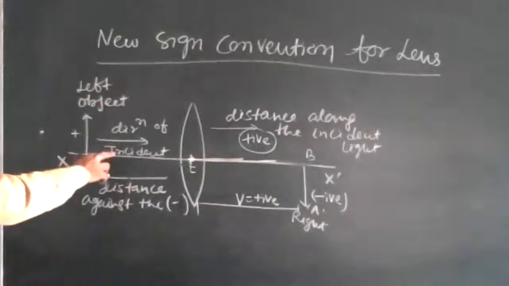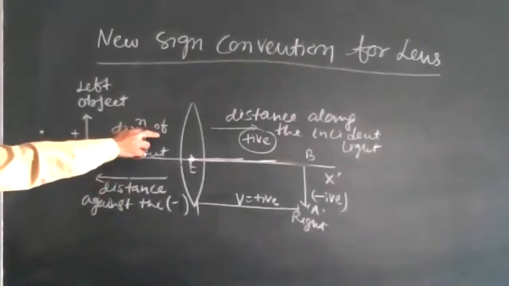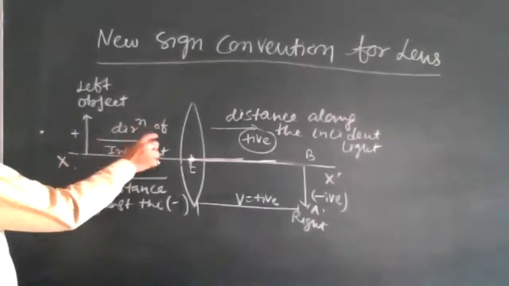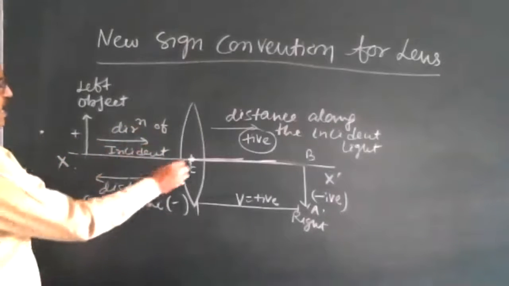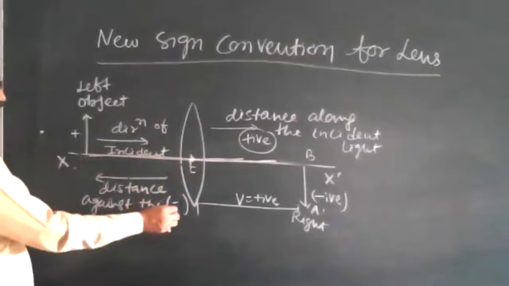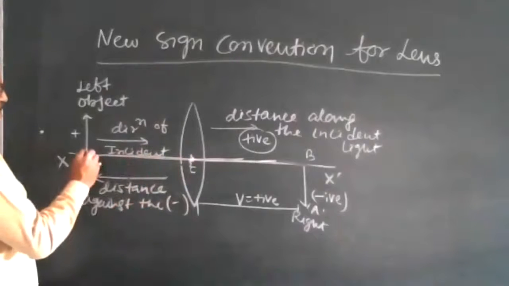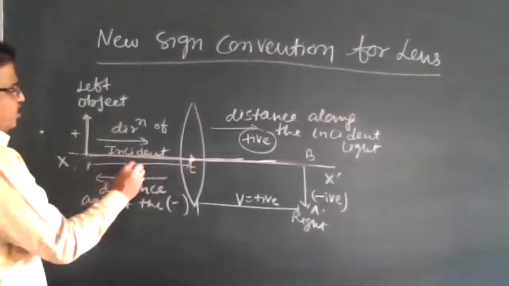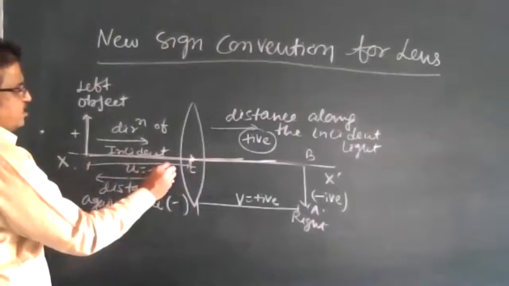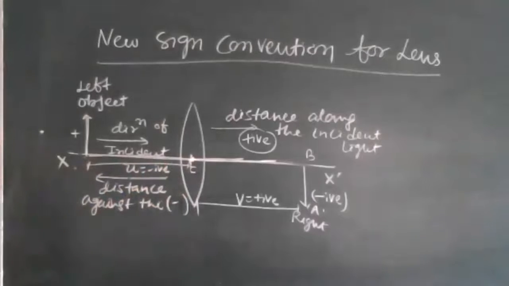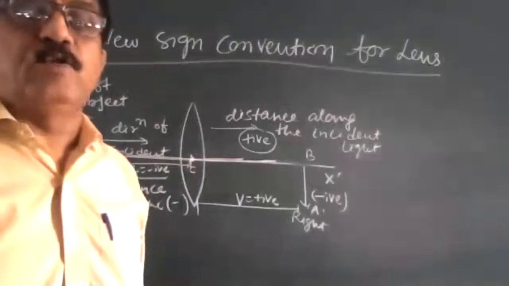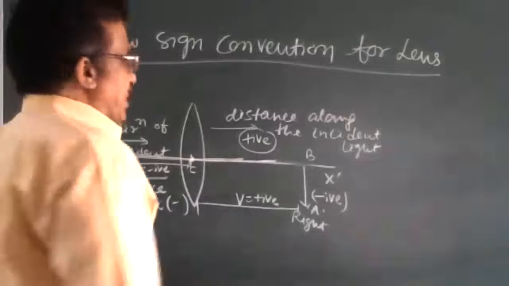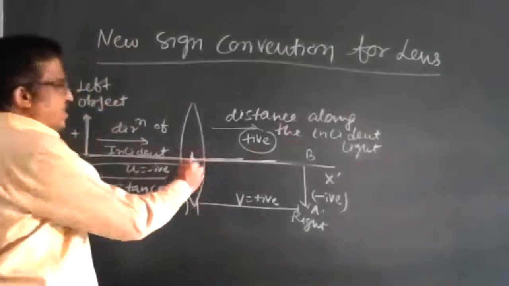Similarly, here you can see the distance measured in a direction opposite to the direction of incident light. ये opposite to the direction of incident light इधर measure कर रहा है, that is negative. जैसे ये object distance है, object distance from optical center is called u, so that is negative. See that u is negative, v is positive. All the distances are measured from optical center.